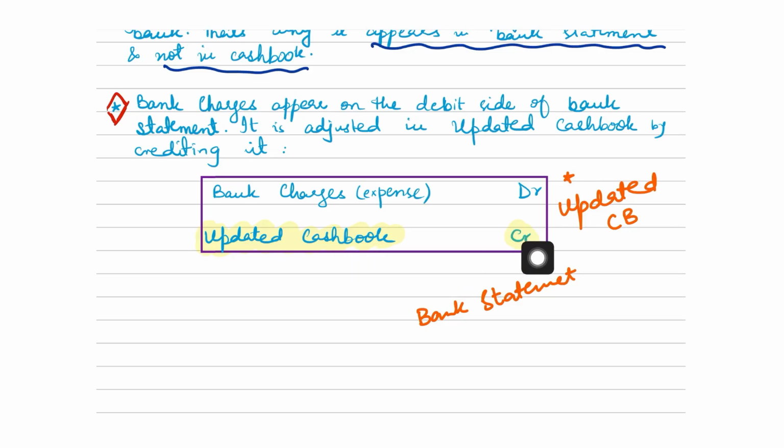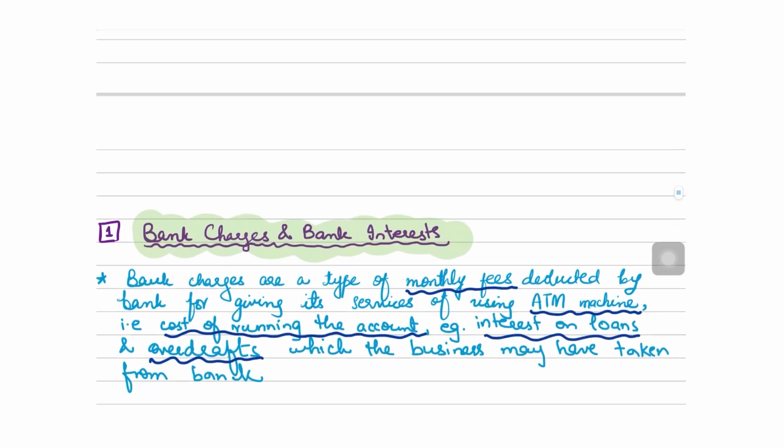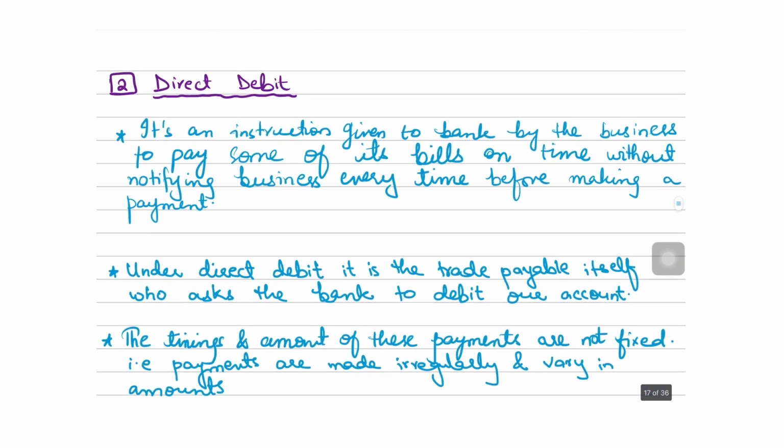So the cash book would be credited by adjusting this entry, and therefore this entry will appear on the debit side of your bank statement. So when you are comparing your bank statement with your unadjusted cash book, you will see that on the debit column of the bank statement, bank charges or loan interest might appear. It will be adjusted by crediting the updated cash book. So this is how we will adjust the bank charges and bank interest.